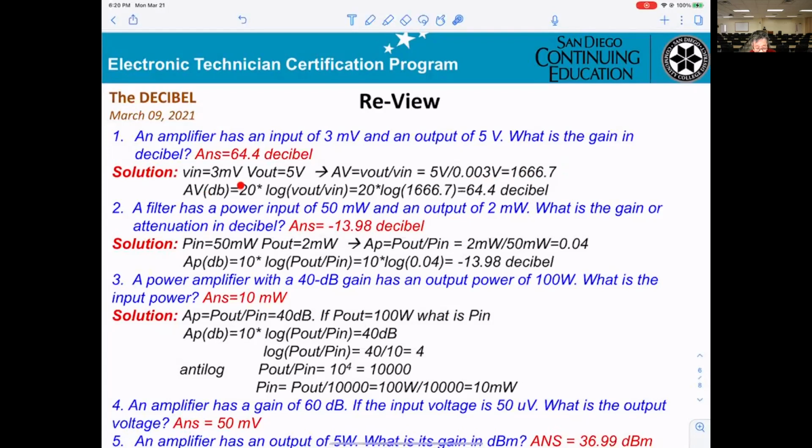The formula will be 20 times log of V out divided by V in. That is 20 times log of 1666.7. And finally, you get 64.4 dB. That is the first example. Any question on that?